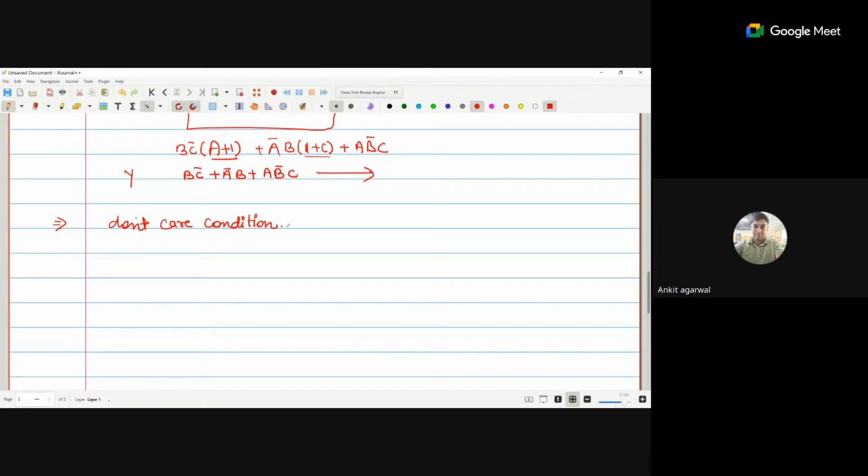For example, we have one term BC bar, which is the final output Y. We are assuming that Y is BC bar. So when will Y be 1? If B is 1 and C is 0.